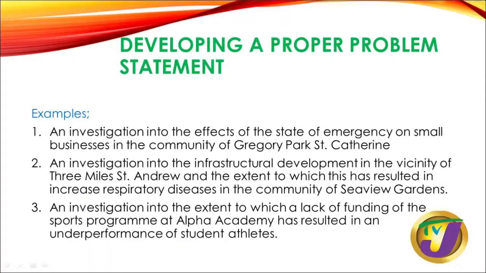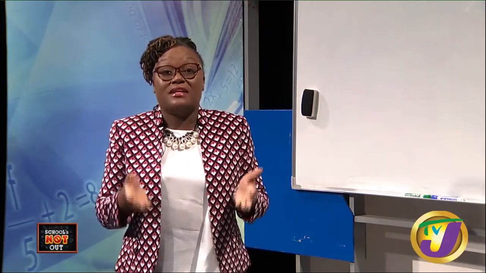So two different variables. For example, I just give you an example here, but there are many others. For example, an investigation into how the prevalence of father absenteeism in the community of X impacts on the relationship between boys and involvement in gangs.